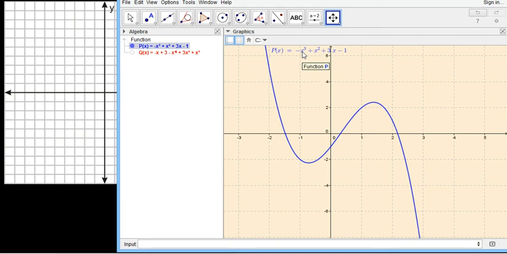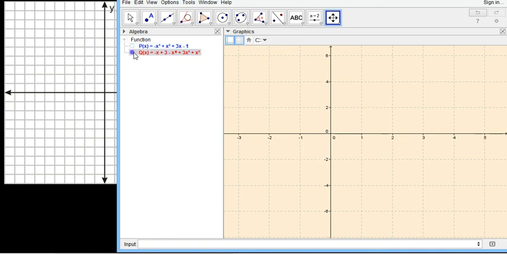So P of x is negative x to the third. Well, what's the degree? The degree is 3. So it rises on one side and drops on the other. And the lead coefficient is negative. And so it actually rises on the left side and decreases on the right side.